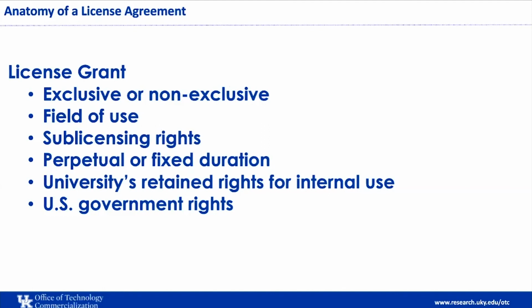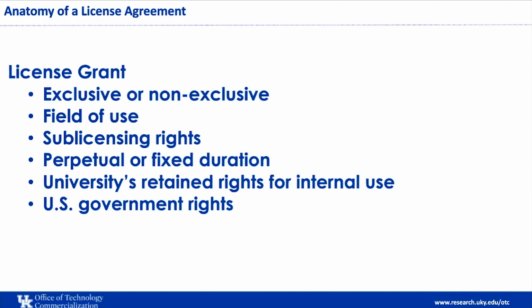The field of use. So when we grant a license, we specify what's the field of use. Is it all fields, or if the technology has multiple potential applications, we would want to carve out the field, or narrow the field of use only to that which the company intends to commercialize in. So an example here might be a technology relating to more accurate or better X-rays.